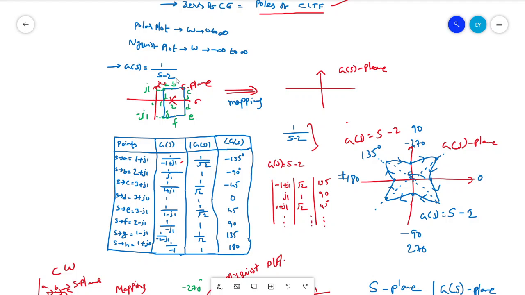So in this map, if you can see, I have pointed out 8 points starting from A. See here, A, B, C, D, E, F, G and H. 8 points, which is circulating or encircling around a pole.